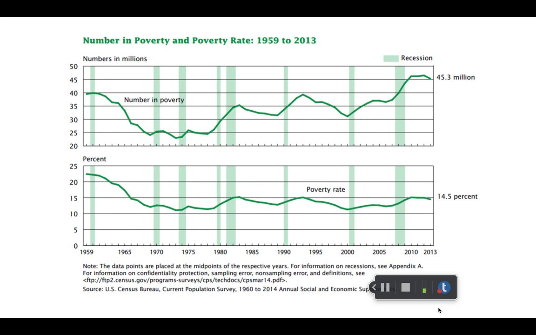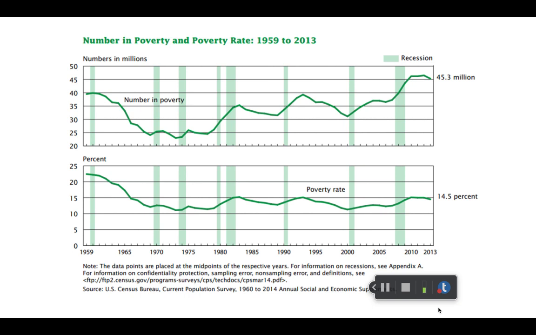It also matters because we use these kinds of data in looking at many, many social issues. Here are real data from the Census Bureau on poverty. The first graph is the number of people in poverty in the millions over time from 1959 to 2013.